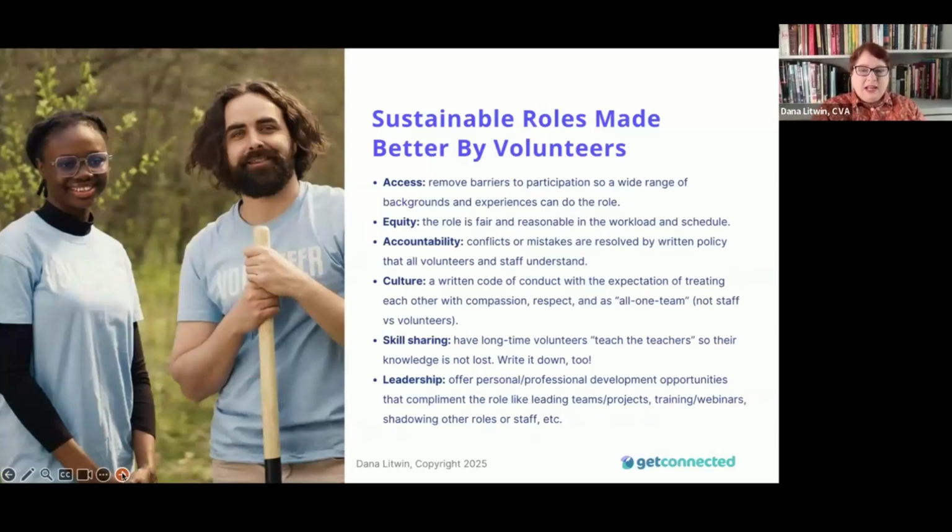I think that sustainable roles are made better by volunteers when you remove barriers to access. Again, the widest variety of people have had financial barriers, time schedule barriers removed from participating. I understand that certain roles, and I've worked with agencies where this has been true, have to take place at a certain work site at a certain time in a certain way, especially like in healthcare or animal care, human services, conservation.